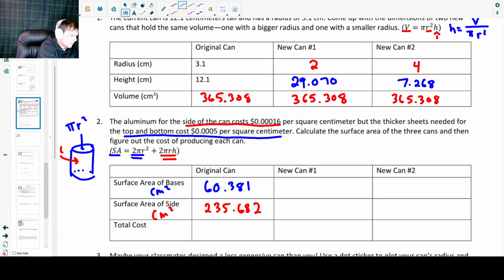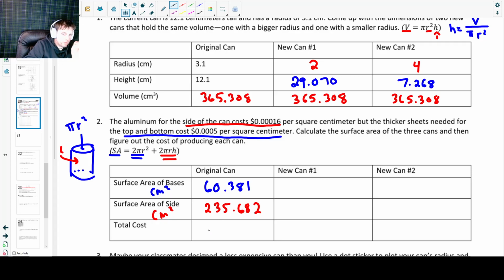That's for the sides, times 235.682 plus, now the cost of the top and bottom, 0.0005 times the surface area of the top and the bottom, which is 60.381.